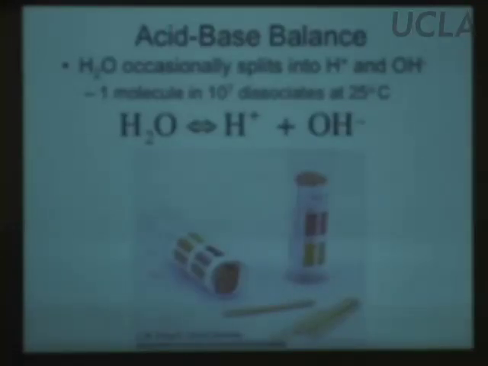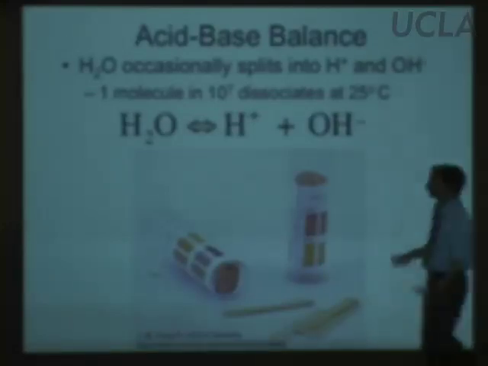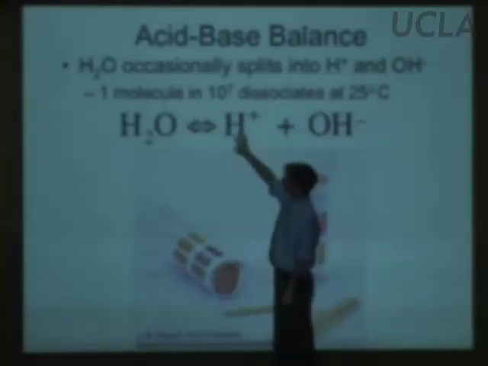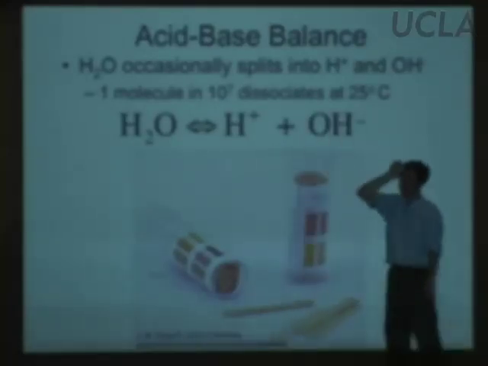Okay, so let's talk a little bit about acids and bases and how that plays a role in the ocean. So the basic idea here is we're interested in relationships between water and its fragments. In particular, our water occasionally, rarely, will split up to make an H+ cation and an OH- anion.